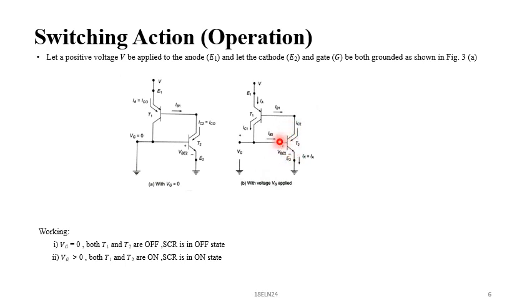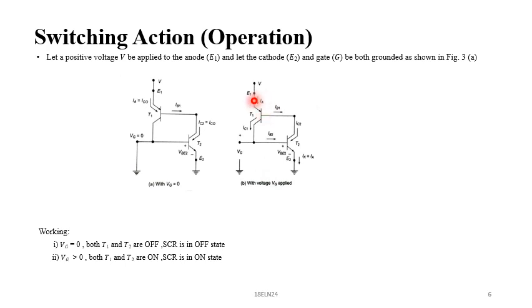Due to this IB2, there is a collector current, because you know that the collector current is given by beta into the base current. This collector current is mainly due to majority carriers, and this current will drive transistor T1 because it is connected to the base of transistor T1.